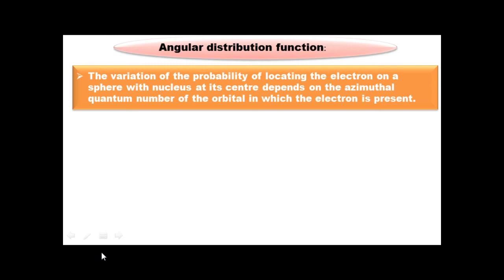The variation of the probability of locating the electron on the sphere with the nucleus at the center depends upon the azimuthal quantum number of the orbital in which the electron is present. Generally, the shape of the orbital depends upon the azimuthal quantum number.